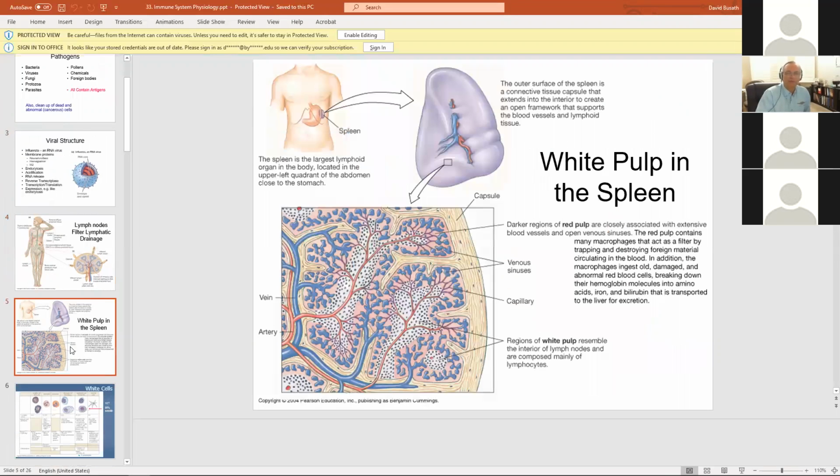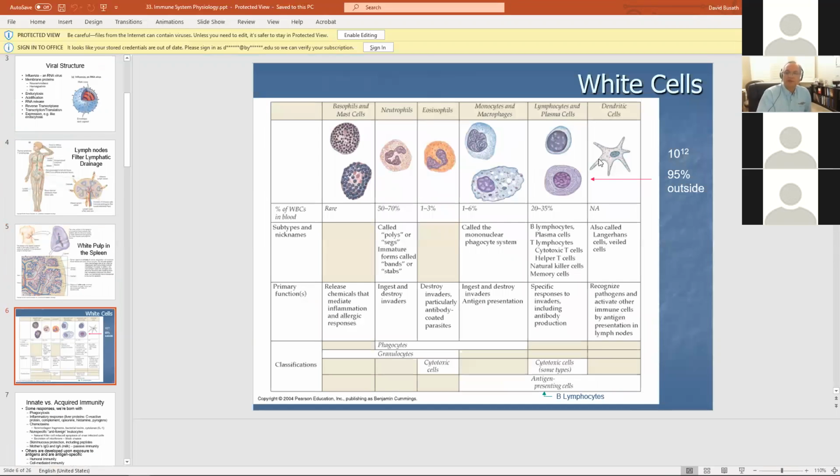These dendritic cells you don't hear about very much, because we talk about the white cells in the bloodstream. These are ones housed in the spleen and in the lymph nodes, named for having lots of spines on them, and they are antigen-presenting cells. They're like the housekeepers in our lymphatic system.